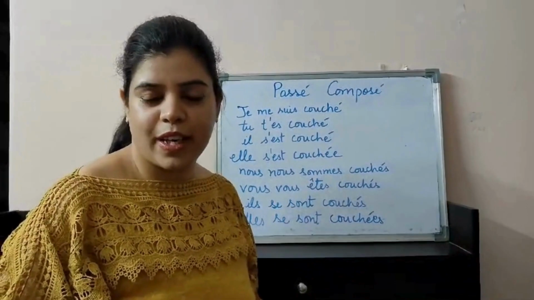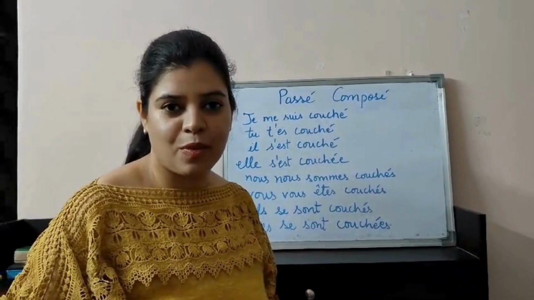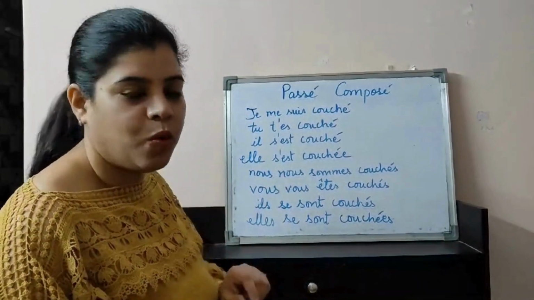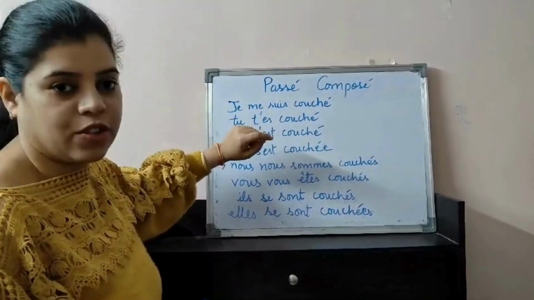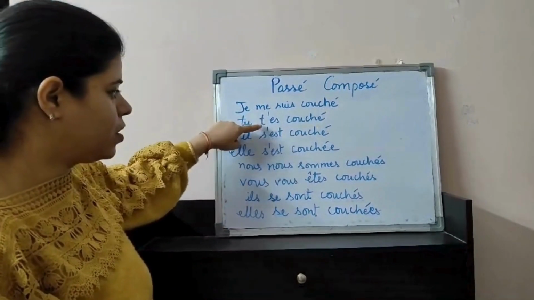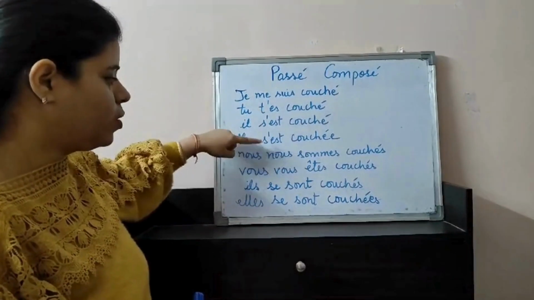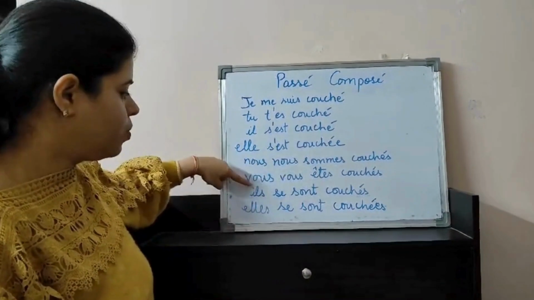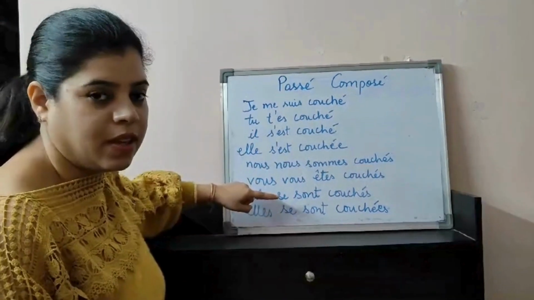Être is also used as auxiliary with pronominal verbs. So let's take an example of a pronominal verb also. Suppose we take se coucher verb. Now with pronominal verbs we need to add the pronouns while conjugating. With je we use me, with tu we use te, with il we use se, with elle also we use se, with nous we use nous again, with vous we use vous, and with ils and elles we use se again.